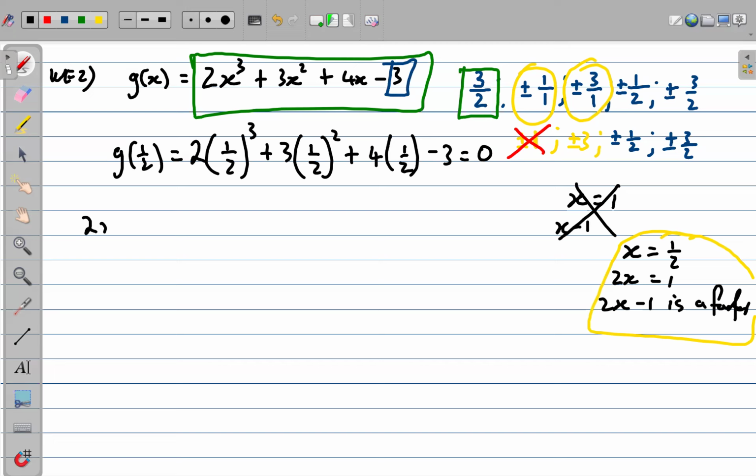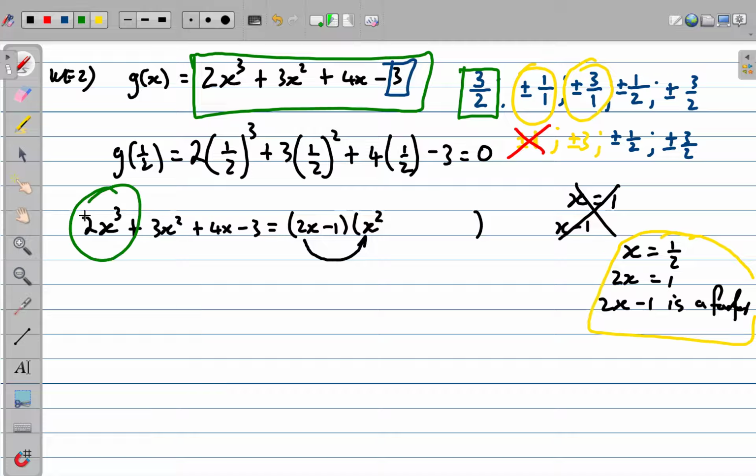it means that we can write 2x cubed plus 3x squared plus 4x minus 3 as 2x minus 1 times some quadratic. Now let's go into the process of finding that. I need to multiply 2x obviously by an x squared so that I can get this 2x cubed.